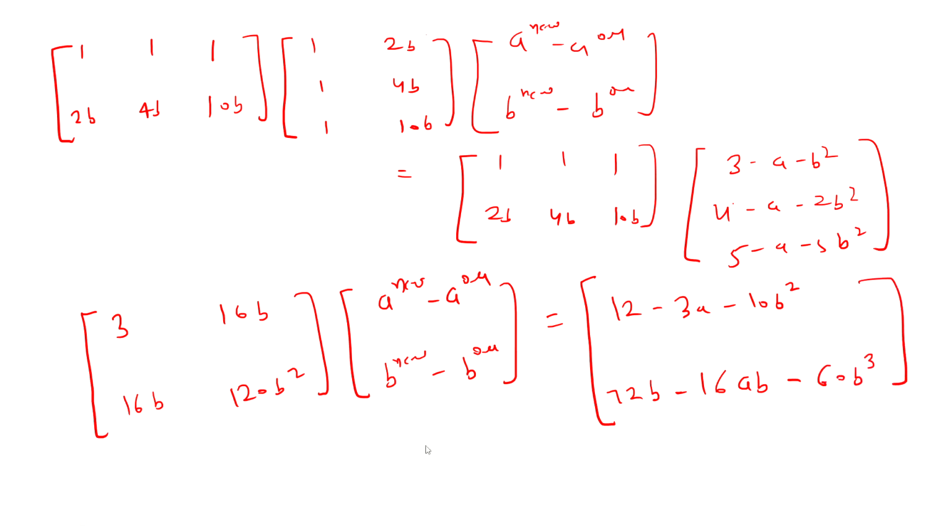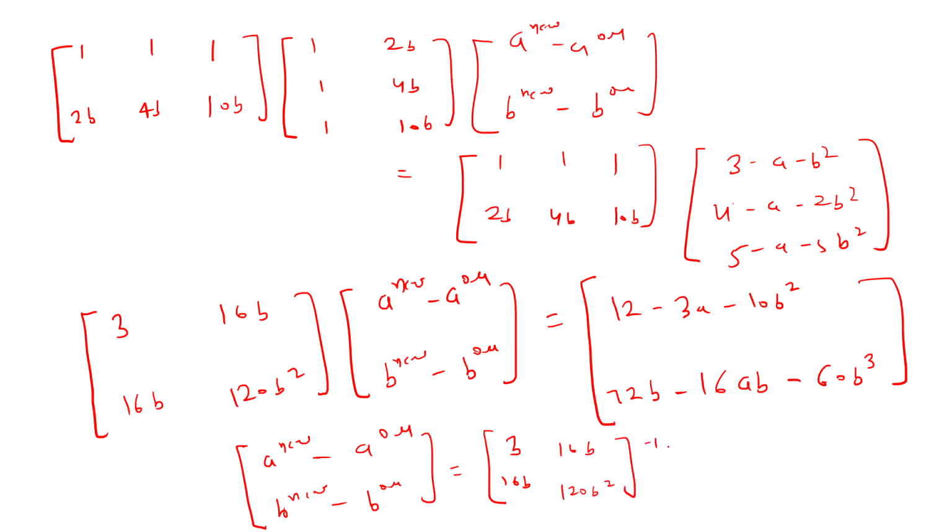Now simply what we can do, a new minus a old, b new minus b old is given as 3 16b, 16b, 120b square inverse, and since this is a square matrix we can easily calculate the inverse of this, and then 12 minus 3a minus 10b square, and then 72b minus 16ab minus 60b cube.